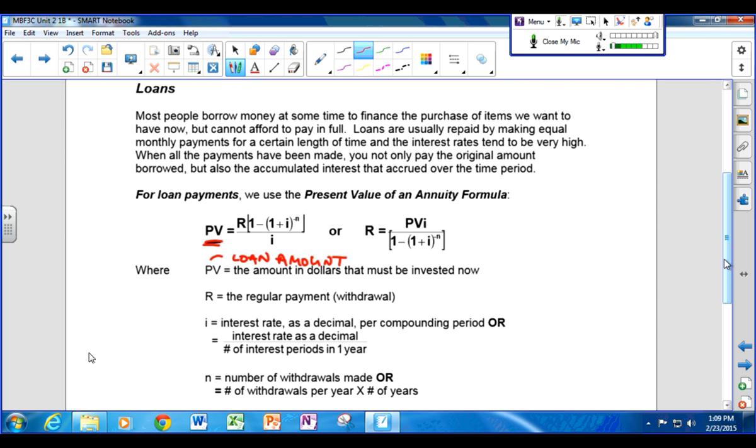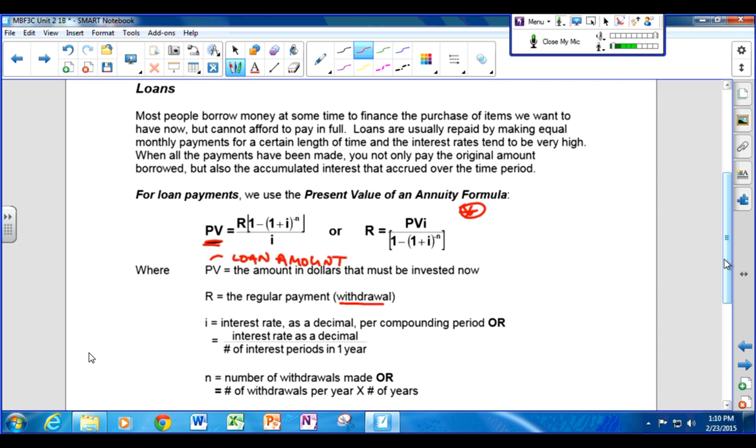Okay, but here's the thing about this formula. You already know the loan amount, so you don't need PV. The more useful version of it is the second version that they give you here, which is the R, and R is the regular payment. Okay, now it says withdrawal, and that's because we can also use this formula if, instead of us buying something and making payments on it, we want to invest some money and then get a regular payday out of it, and that's usually a pension or an annuity, as they call it.